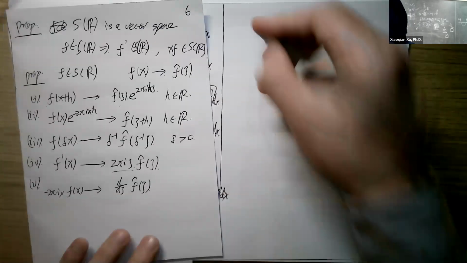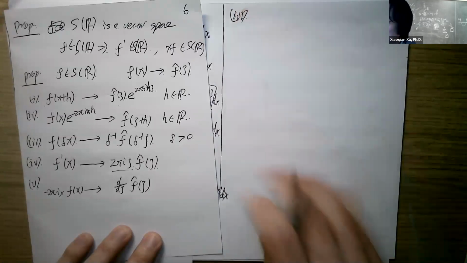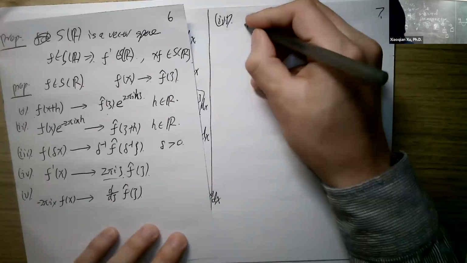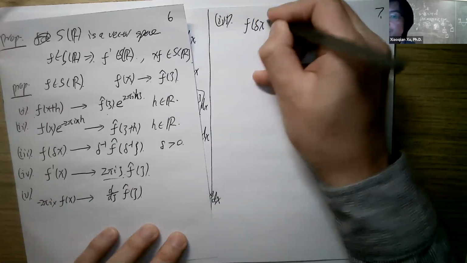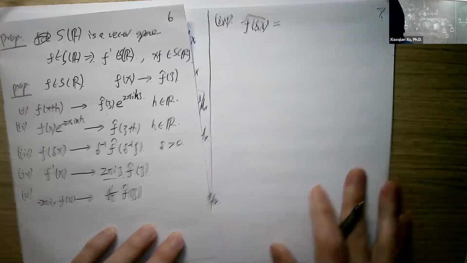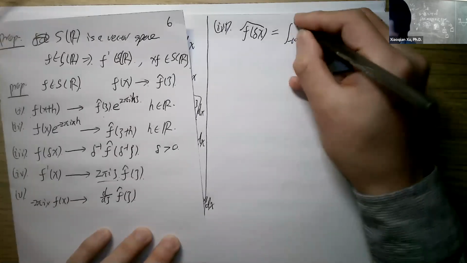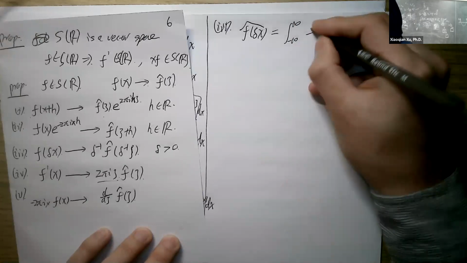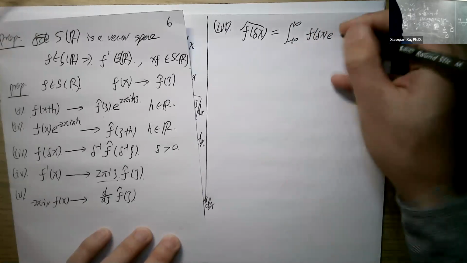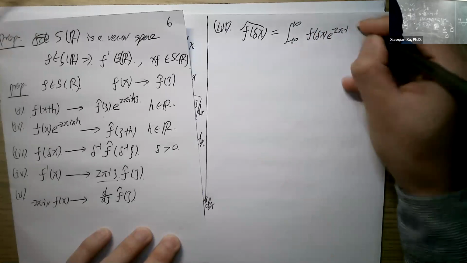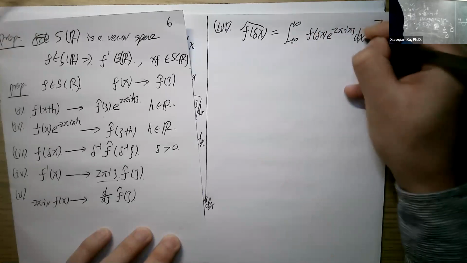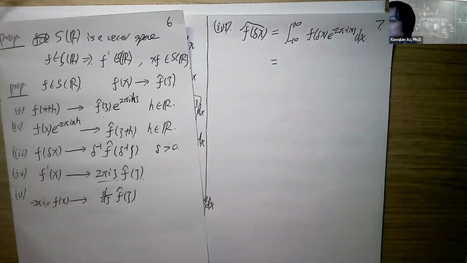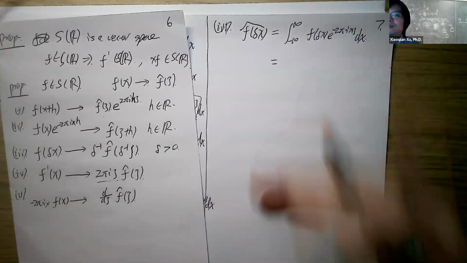And the third one, you have f(delta x), you take the Fourier transform, then it is the integral from minus infinity to infinity of f(delta x) e to the minus 2 pi i x c dx. Then again, we want to do the change of variable. Delta x equals, say, u.